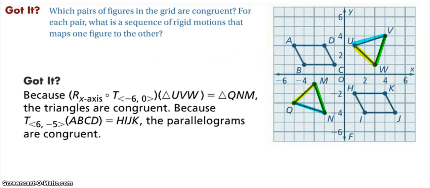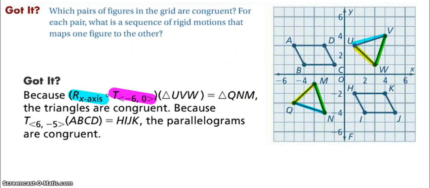So that tells me there's going to be a reflection. So we start by reflecting over the x-axis, and then I translate left to make it over to the shape that I need, and that then lets me line up the points in this order. As long as U matches Q, V matches N, and W matches M, you are correct.